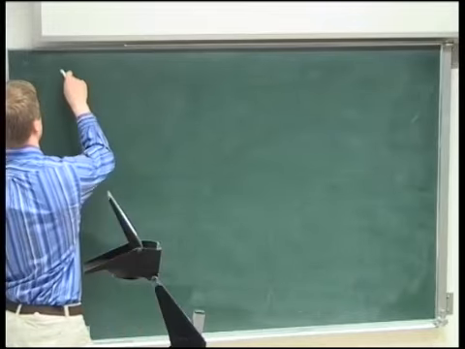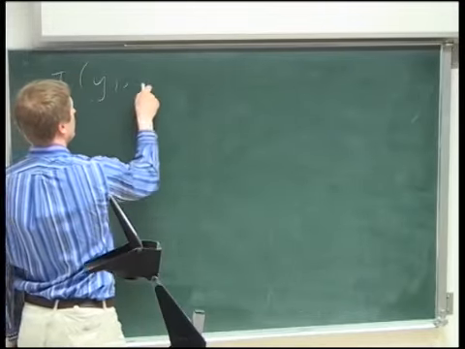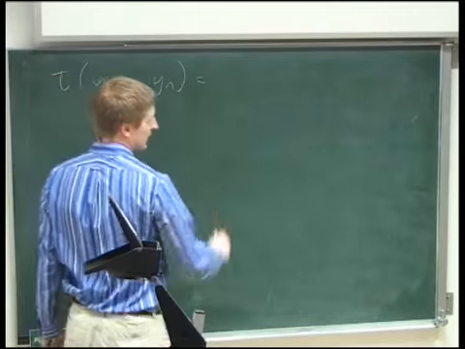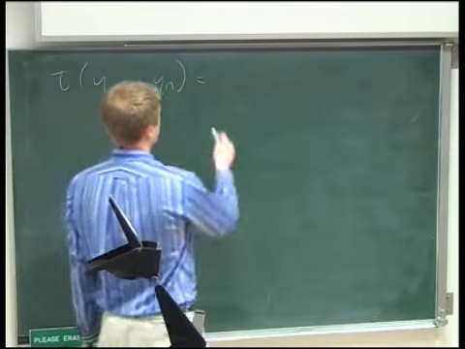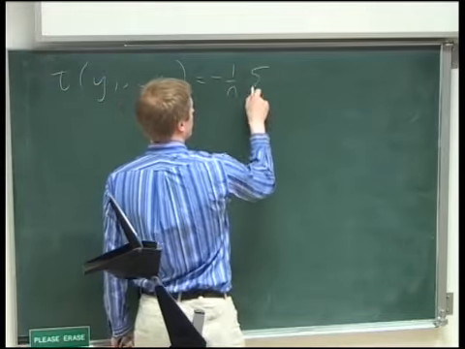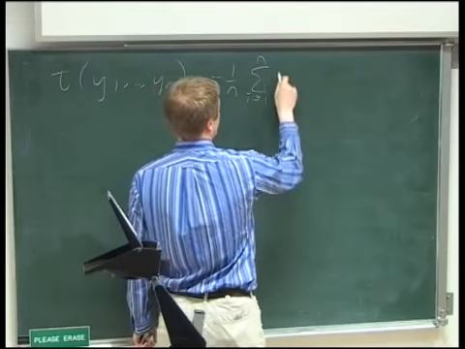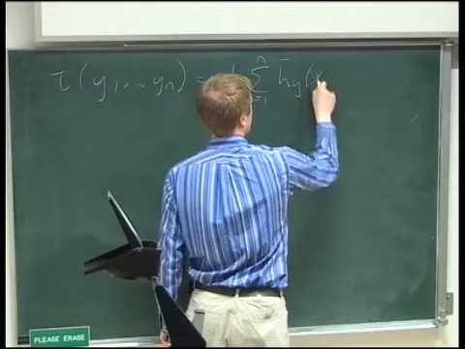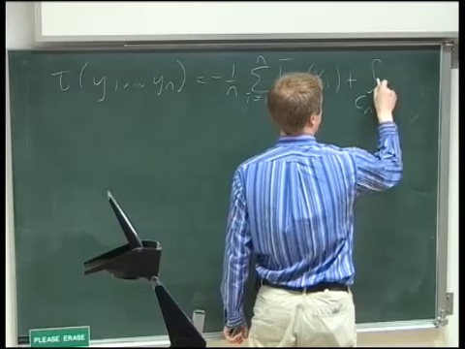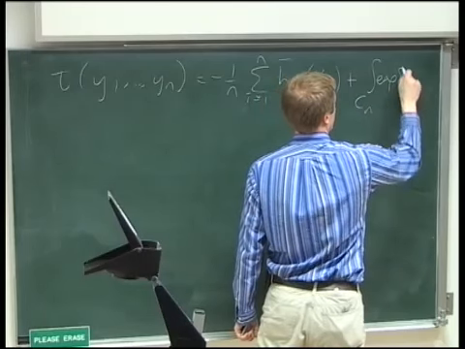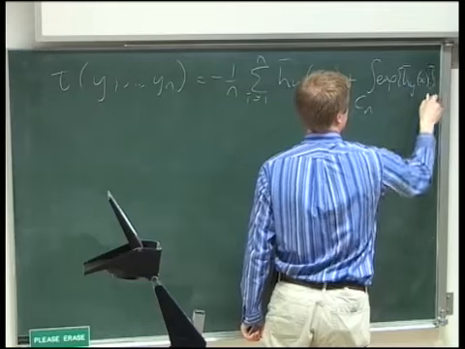So I could define a function tau of y1 up to yn, and actually when it comes to numerical optimization, people like to minimize functions. So I'm just going to multiply by -1 here and think about the restriction of psi n to this finite dimensional class.